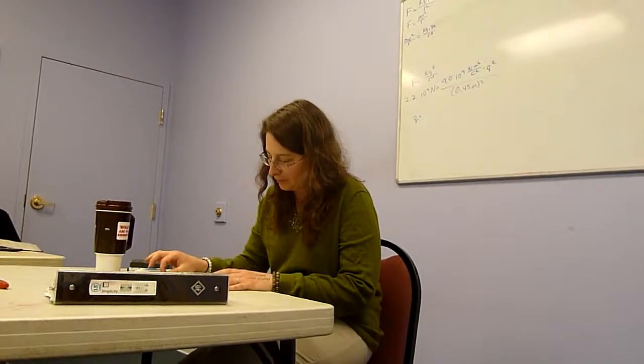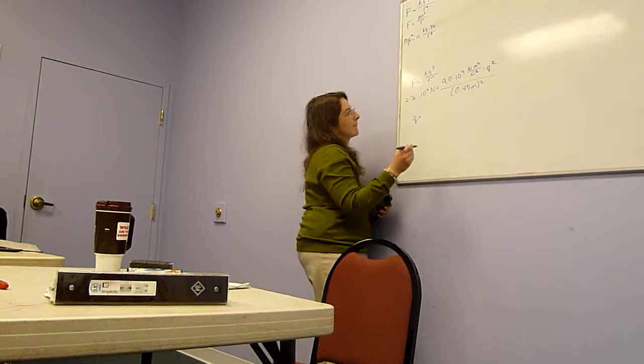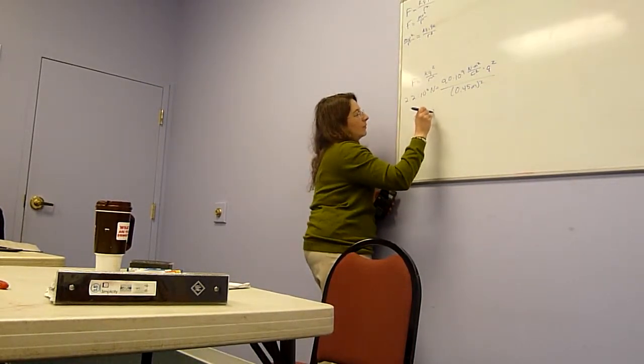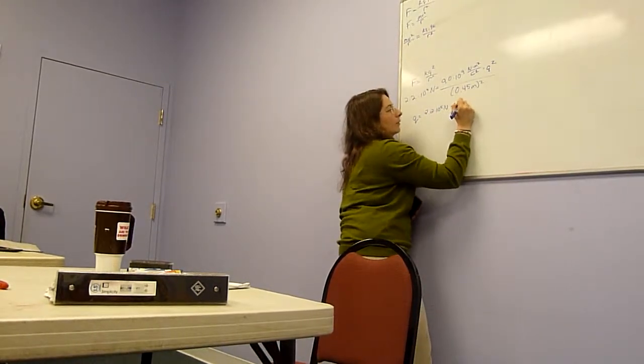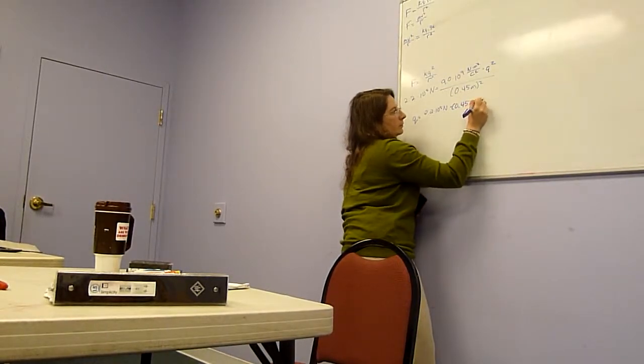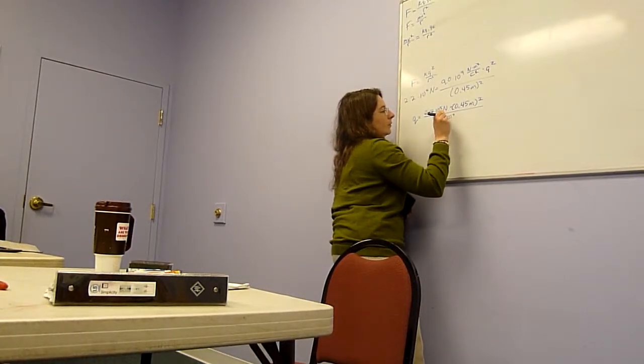2.2 times 10 to the 5th times 0.45 times 0.45 divided by Q, square root of. I just got 1.1.